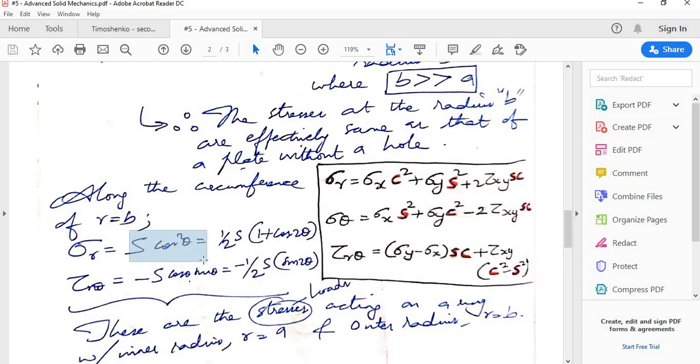Now s cos square theta, you can write using trigonometry as half of s into 1 plus cos 2 theta. Similarly, you can write minus s cos theta sin theta as minus half s sin 2 theta.